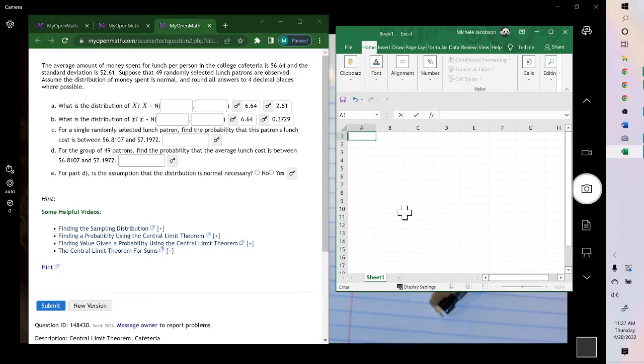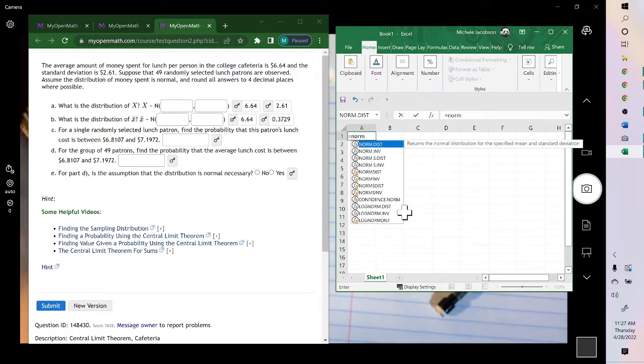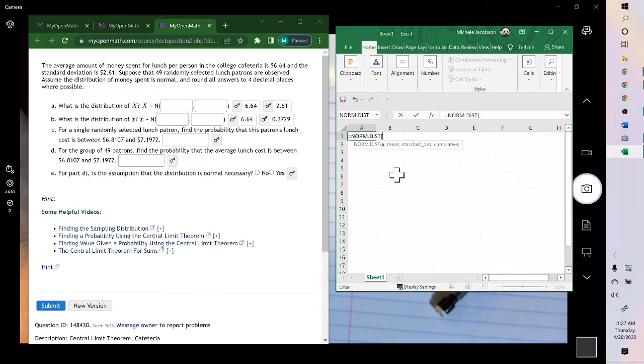So we would go equals norm, and we want the normal distribution. So we want the first one. And then you put your x value, 6.8107, comma the mean 6.64, comma 2.61.